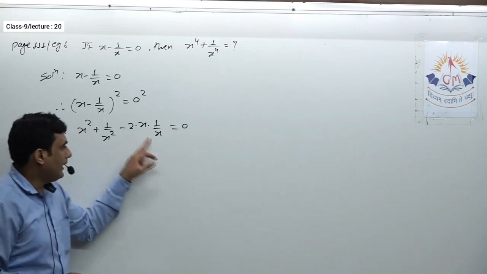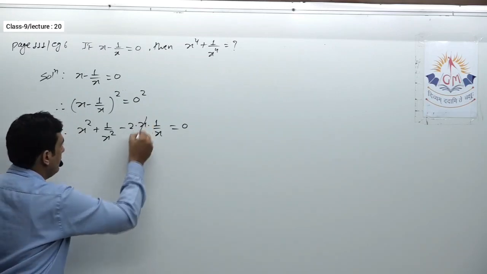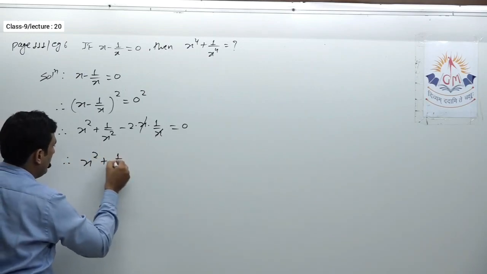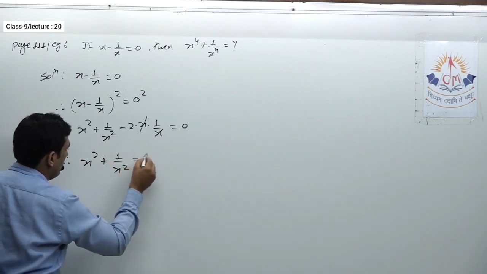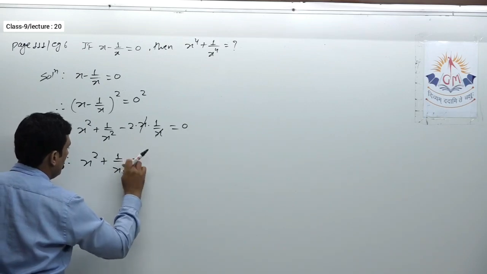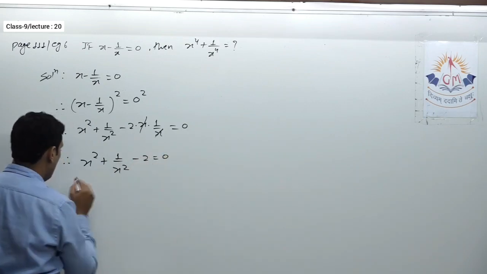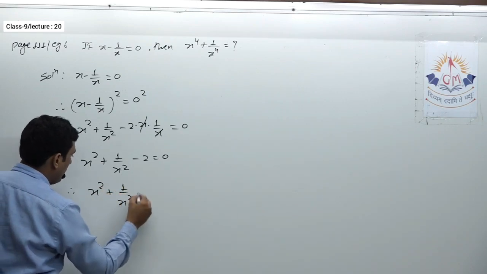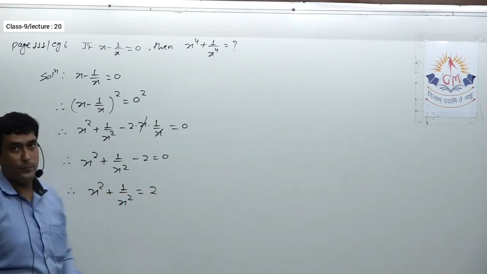Now over here this x and x we can cancel. So what I will get is x square plus 1 upon x square minus 2 is equal to 0. So this gives me the value of x square plus 1 upon x square is equal to 2.